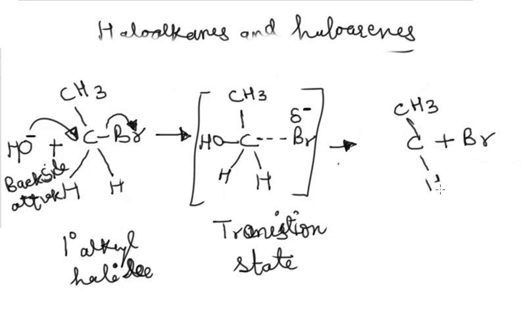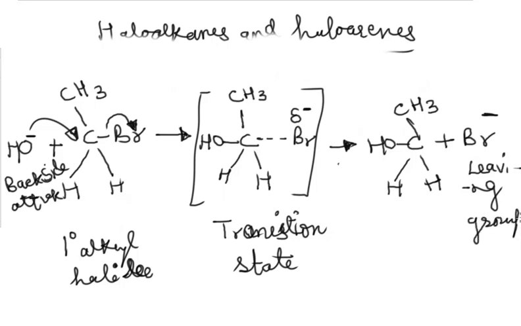This one is one hydrogen, this one is another hydrogen, and this OH is attached to this one, and this is the Br minus, and now it is eliminated, so this Br is the leaving group, and this is the alcohol.